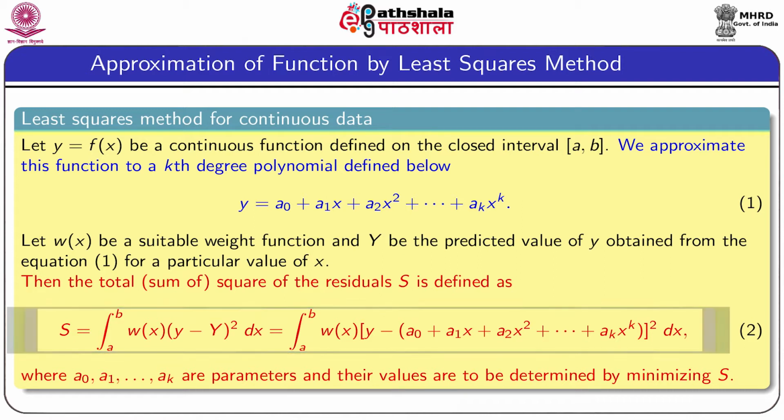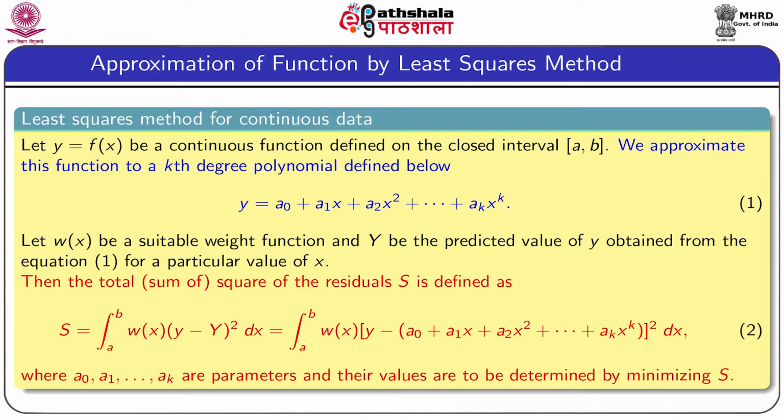After substituting the value of capital Y, this integration becomes integration a to b w(x) into (y minus (a0 plus a1x plus a2x square plus dot dot dot plus akx to the power k)) whole square dx.